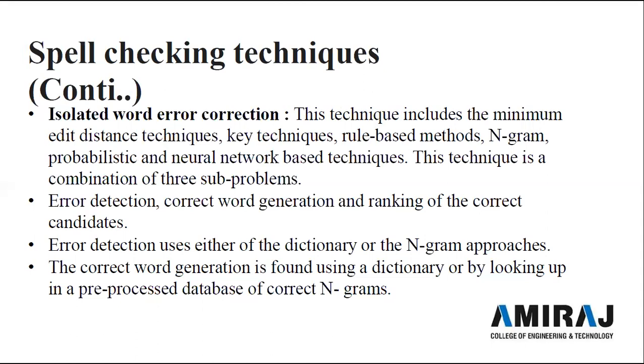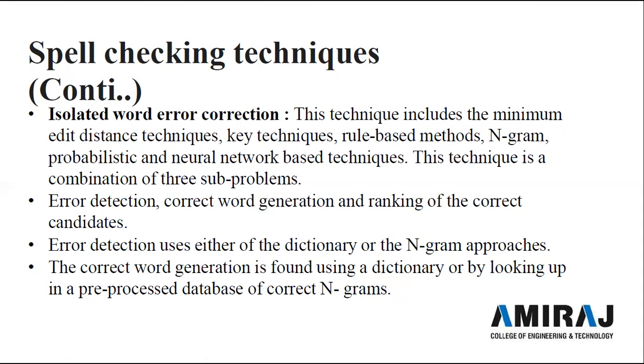The neural network technique will be covered in coming chapters, but basically the isolated word technique will work on words, right? Different words will be identified and checked for spelling. It is then categorized into three sub-problems. First is error detection, then correction, word generation, and ranking the correct candidates, right?